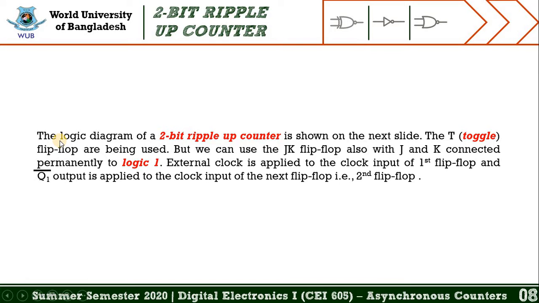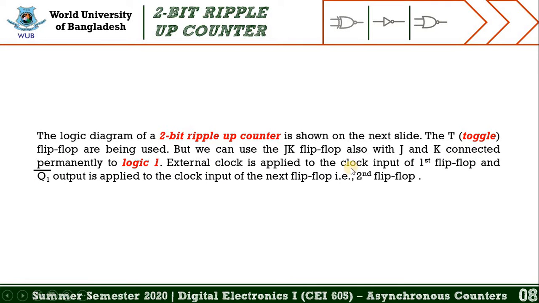Now we need to learn how to design a 2-bit ripple up counter. So let's begin. The logic diagram of a 2-bit ripple up counter is shown on the next slide. The T flip-flop, which is also known as toggle flip-flop, is used for this design, but we can use the JK flip-flop also with J and K connected permanently to logic 1.